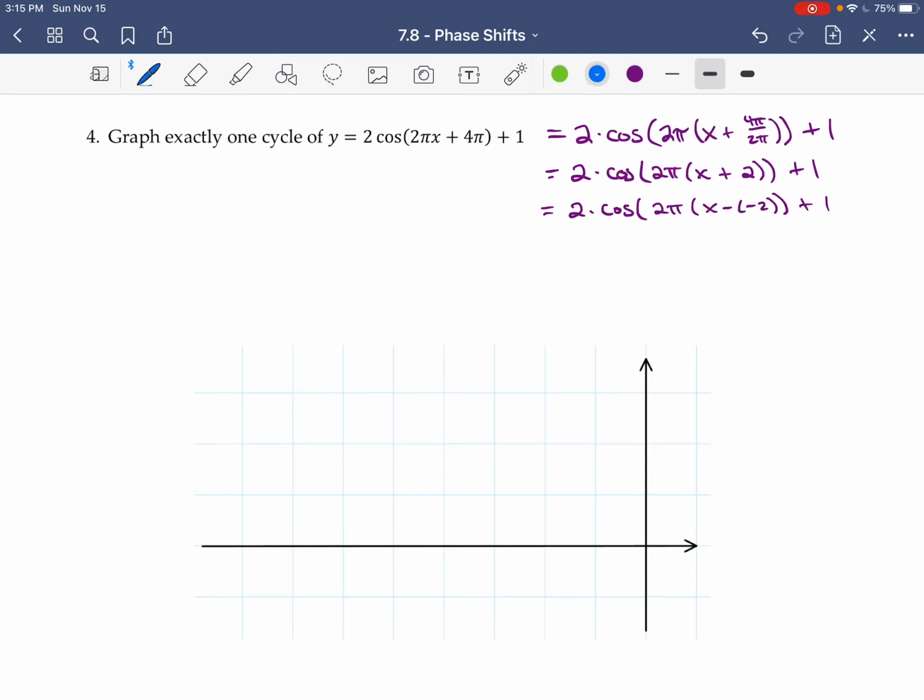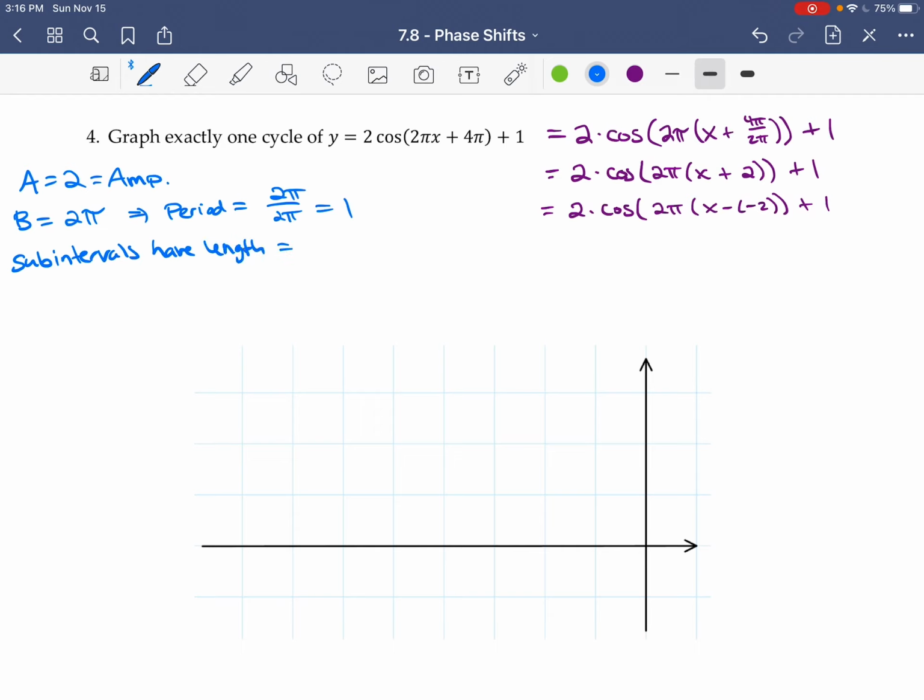Okay, so that means that my a value is 1. So that's my amplitude because it's positive. The b value is 2 pi, which means that my period is 2 pi over 2 pi. So my period here is actually 1. So that means my subintervals have length, my period over 4.